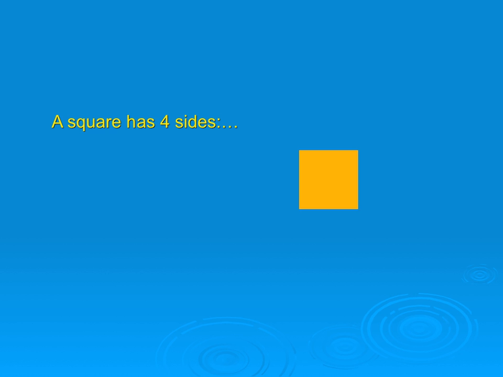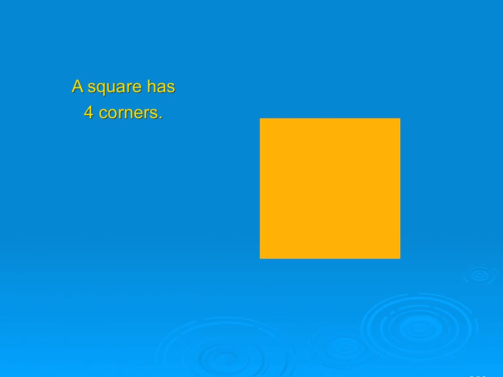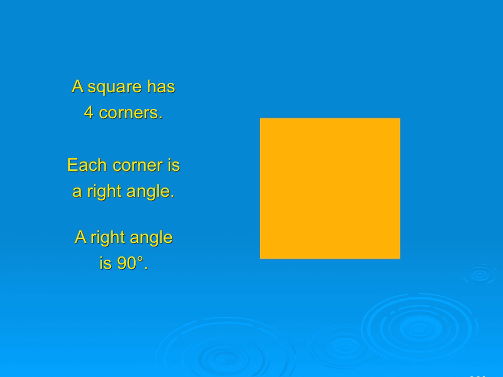A square has four sides: a right side, a left side, a top side, and a bottom side. A square has four corners. Each corner is a right angle. A right angle is 90 degrees, so there's 90 degrees in the upper left, 90 degrees in the upper right, in the lower right, and the lower left.